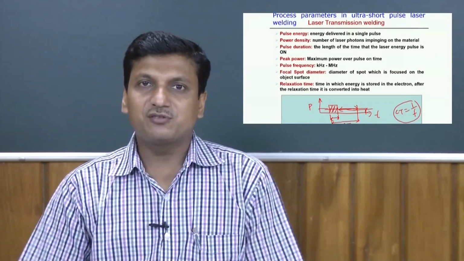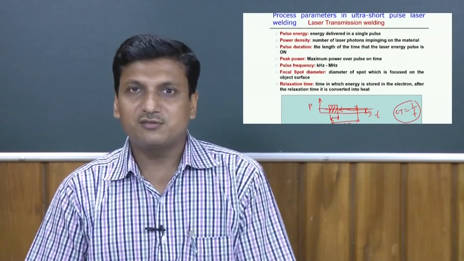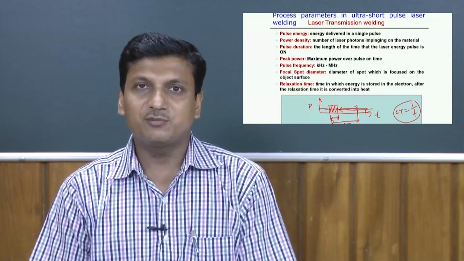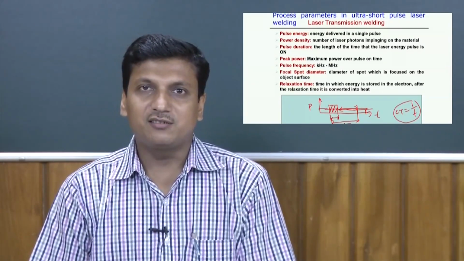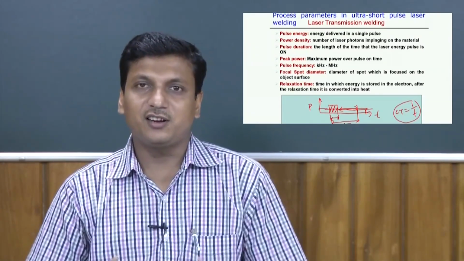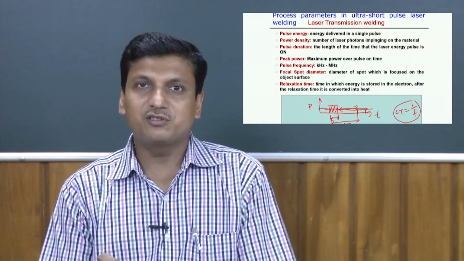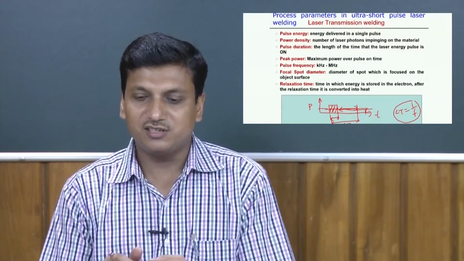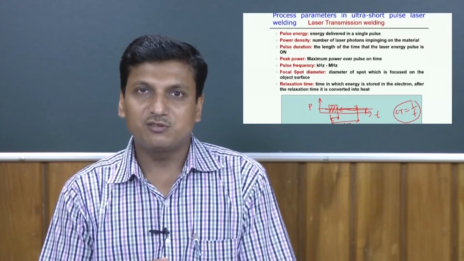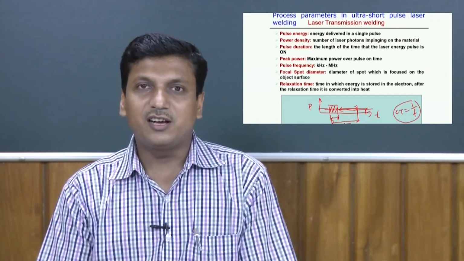In most cases we analyze the process based on the average power, and sometimes we analyze it based on the peak power or the duration of the pulse. Depending on the type of welding process, the analysis method can be different.